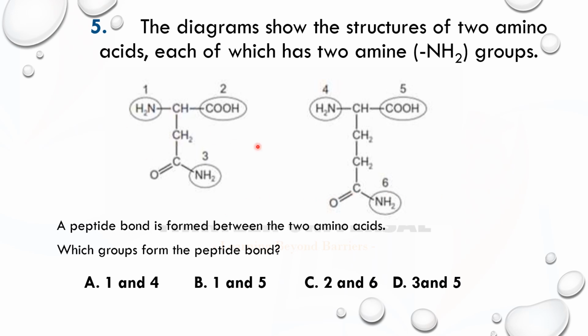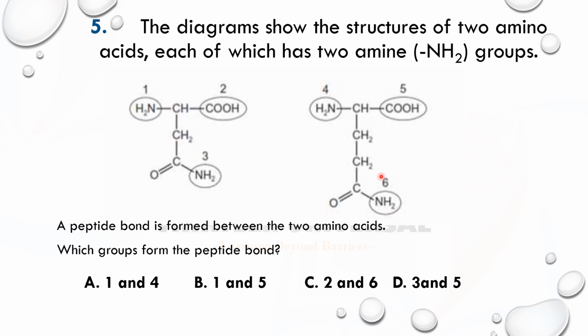So 1 and 5 or 2 and 4, which one is there? 1 and 4 cannot be, because an amine group can't react with an amine group. 1 and 5, yes, a terminal amine group reacts with a terminal carboxylic group. Why is 2 and 6 wrong? 2 is a terminal carboxylic group, but 6 is not a terminal amine group. It is in the R group. How do I know?